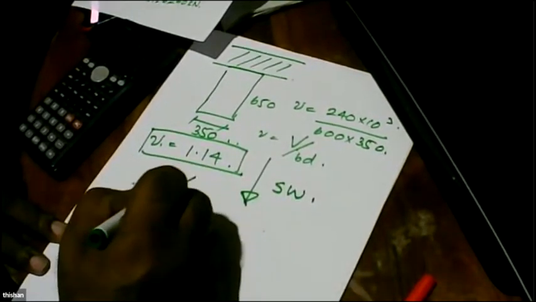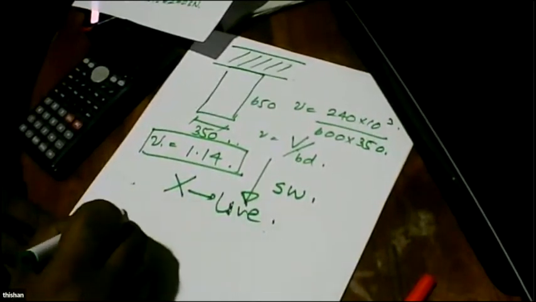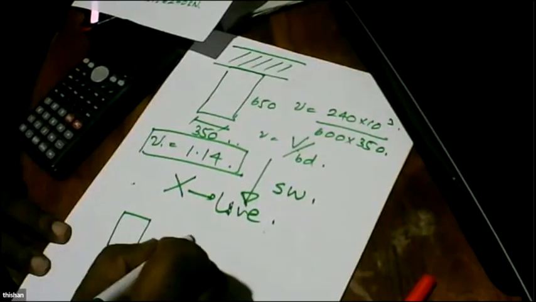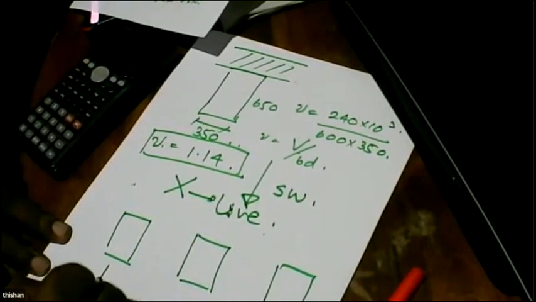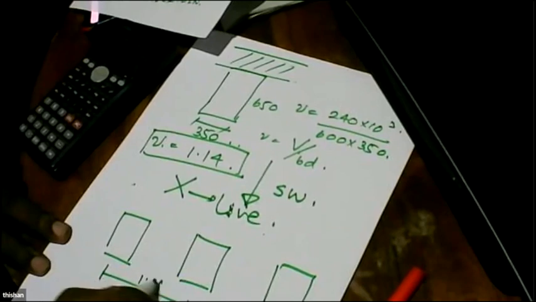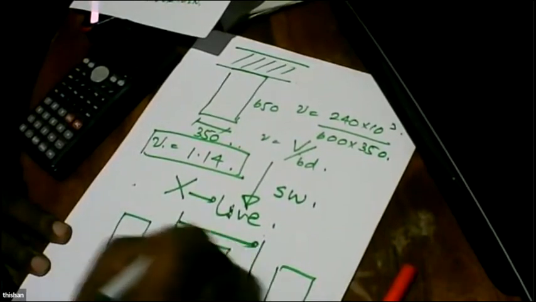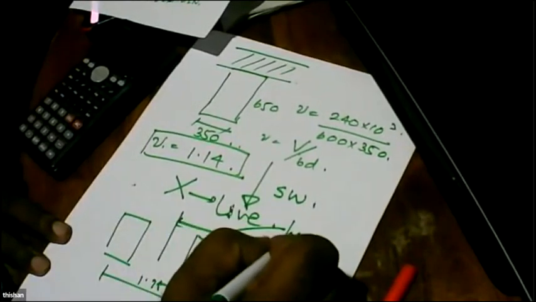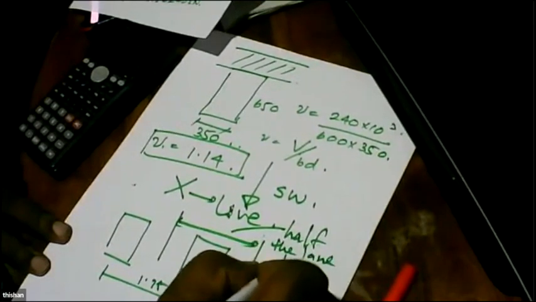We cannot do anything about live load, but what we do is we select a sufficient number of beams at a reasonable spacing like 1.75. So each beam will carry only half the live load.